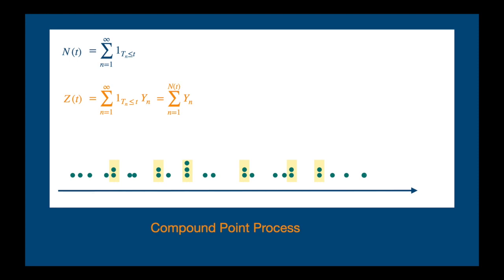It sounds like a complicated process, but if one assumes y is independent of the arrival process, then the analytical treatment is quite simple as long as one doesn't assume a complicated probability distribution for y. We shall encounter this process in a future video.